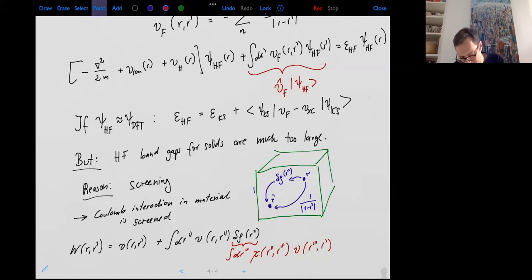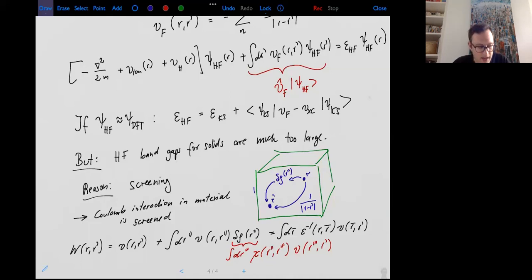And often we write this in a slightly different way. We write it basically in terms of a dielectric function. So we have an interaction between the electrons that is reduced by a dielectric function.